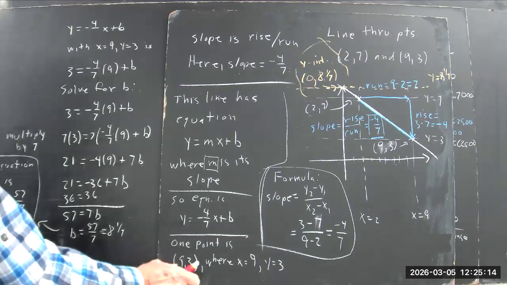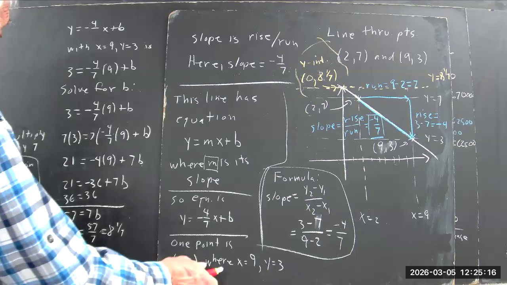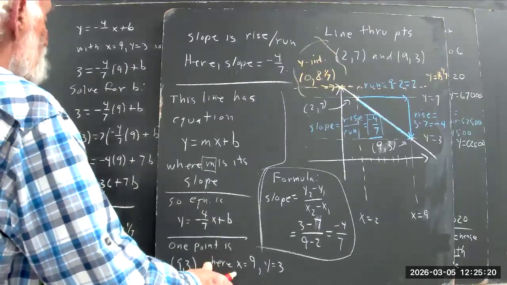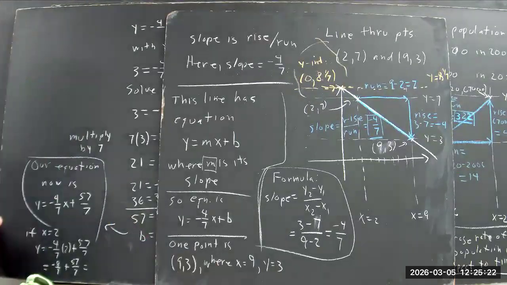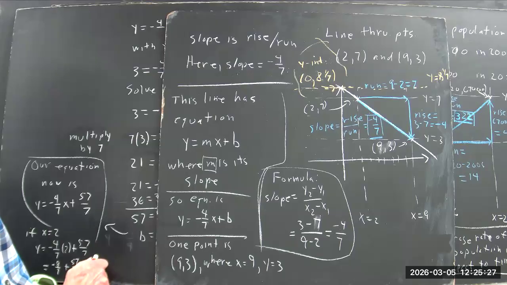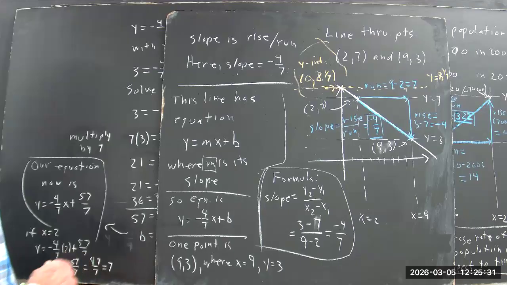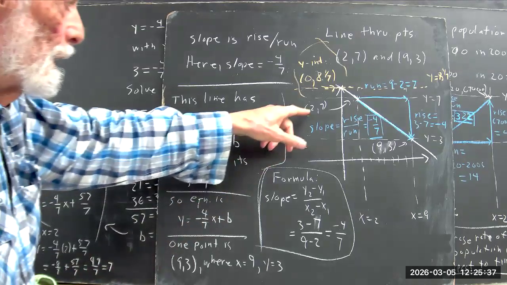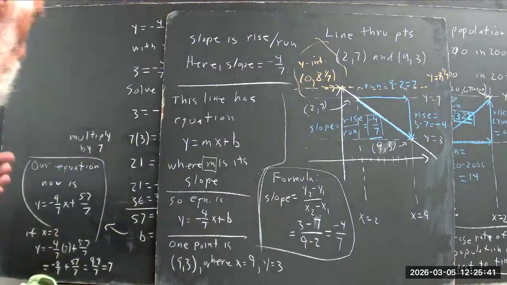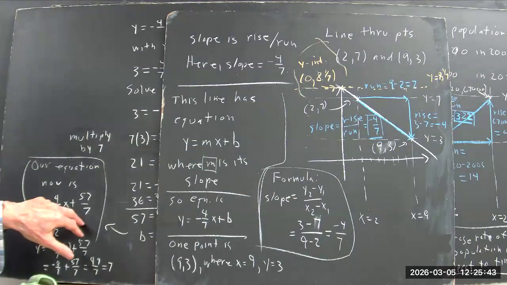And I'm afraid this part of the board might not be completely visible. And that equals 49/7, which equals 7. So if x equals 2, y equals 7. Well, if x equals 2, y is supposed to equal 7. So we've checked that this equation works.